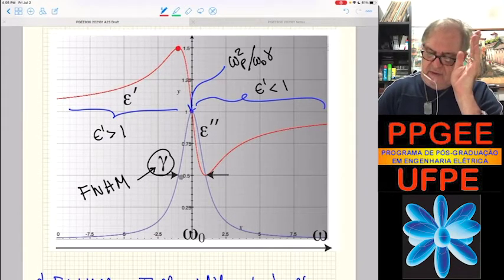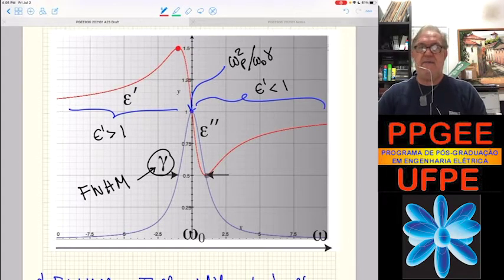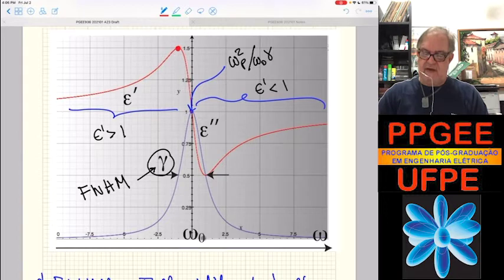If you look at the position of this peak derivative here, the peak of the imaginary part is going to be exactly at gamma over 2. It's very easy to show that. So epsilon 2 prime has a peak value, either lower or higher, when we depart from the resonance frequency by gamma over 2.